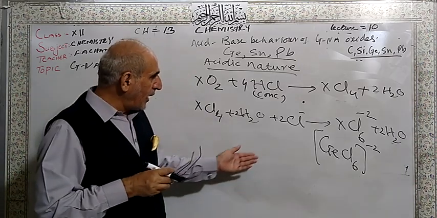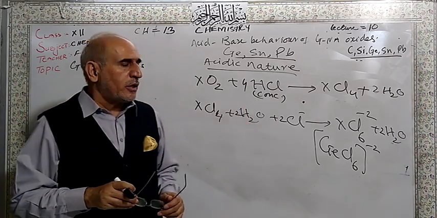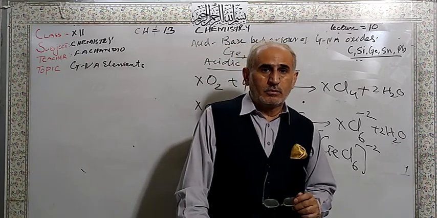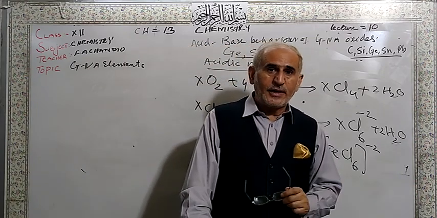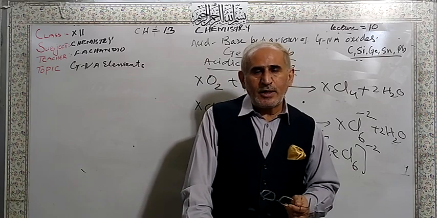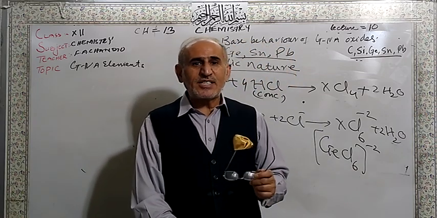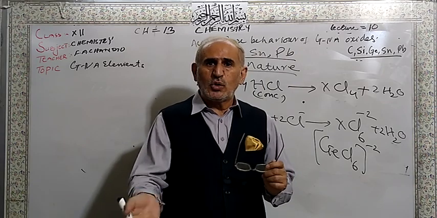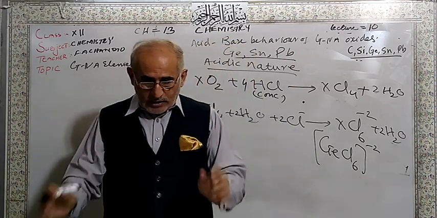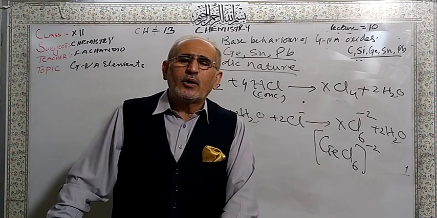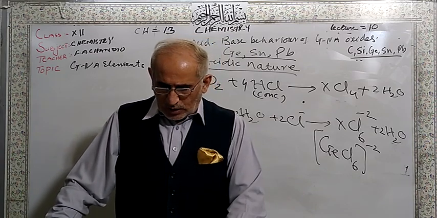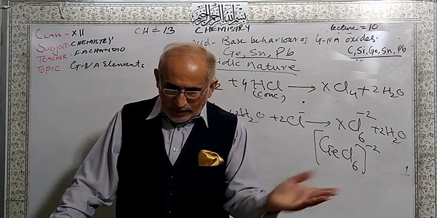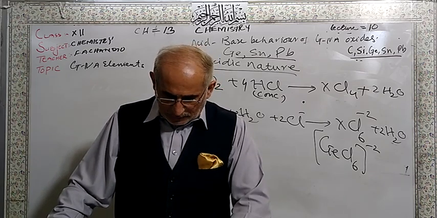Lead 4 chloride is taken because, as we learned, the oxidation state positive 2 of lead is more stable and positive 4 is the least stable, and immediately lead positive 4 changes into positive 2. That's why the lead 4 chloride immediately changes into lead 2 chloride, and chlorine gas is evolved.